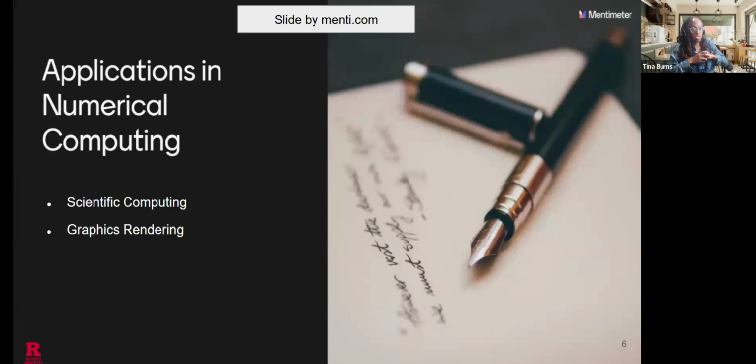You can use this numerical format to either increase or decrease your intensity for your RGB scale as you're generating these images. You also can use this to implement in machine learning algorithms and other areas like that.